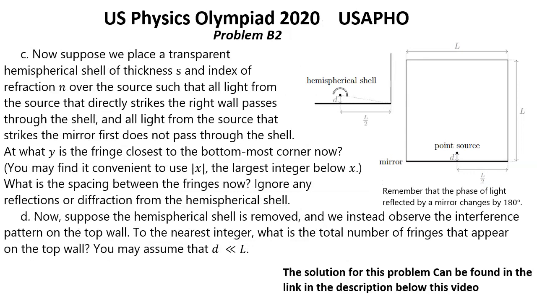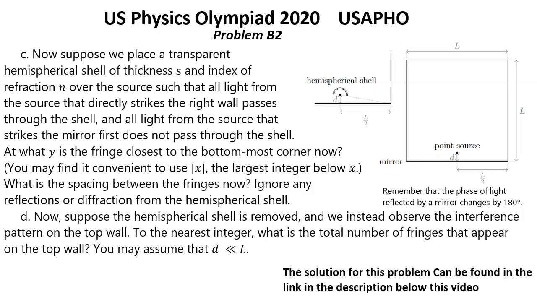Question C. Now suppose we place a transparent hemispherical shell of thickness S and index of refraction n over the source such that all light from the source that directly strikes the right wall passes through the shell, and all light from the source that strikes the mirror first does not pass through the shell.